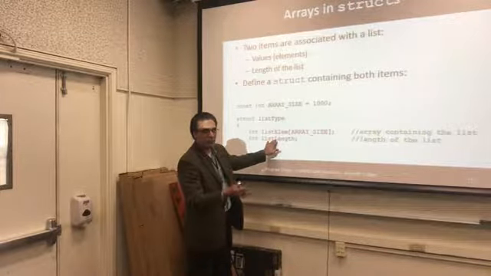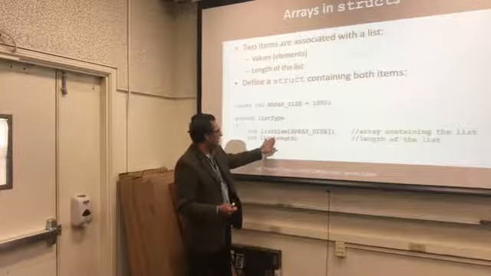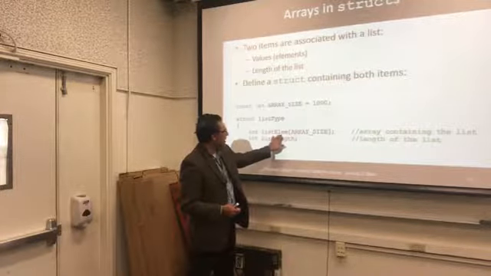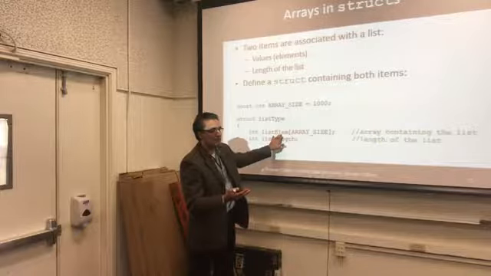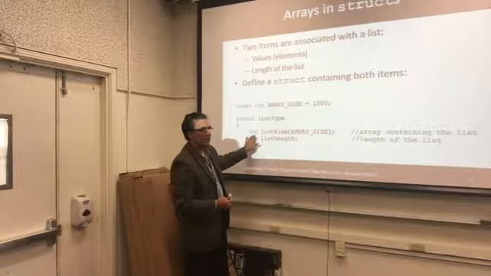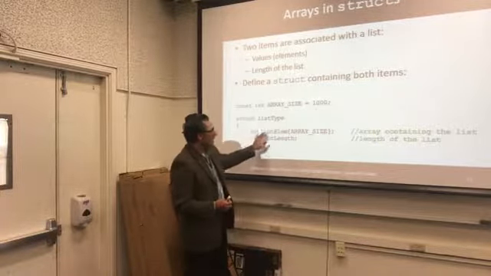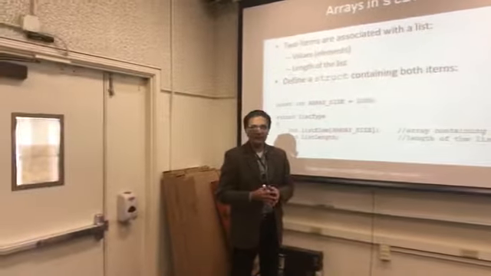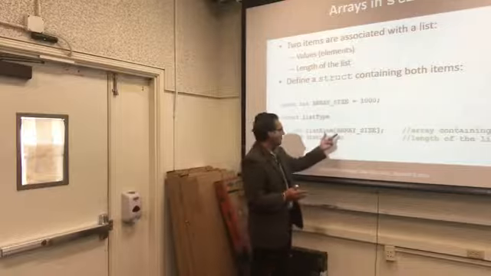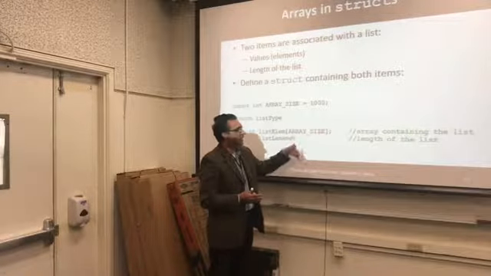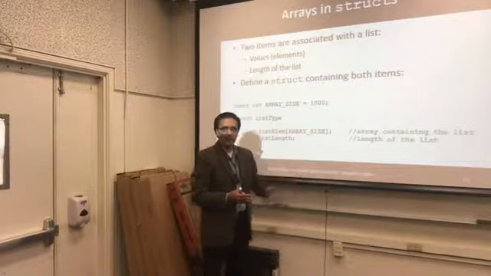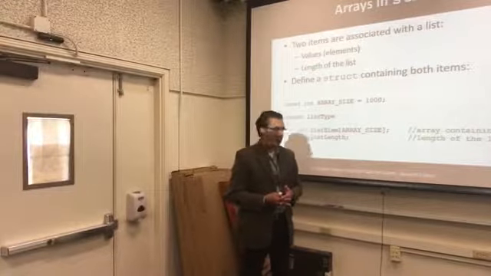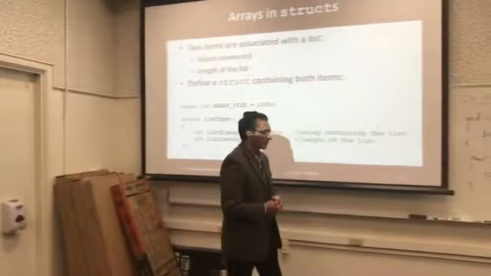Let's say 5 or 15 or 50 or 100, whatever the length is. And these are the elements. This is the data. This is where I would like to store the data of this type, integer type. And this element is actually an array itself. Which means, whatever the size of the array is, I can create that many array elements or array members within the data structure.